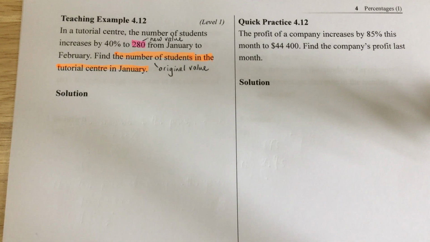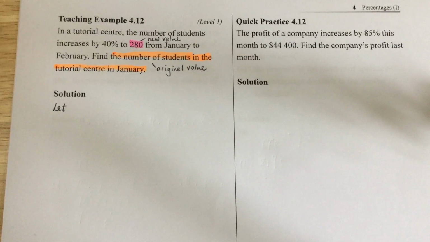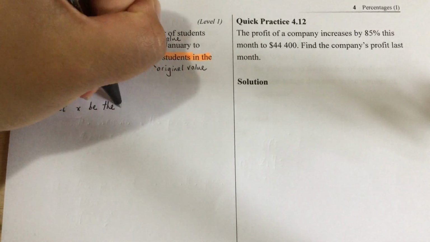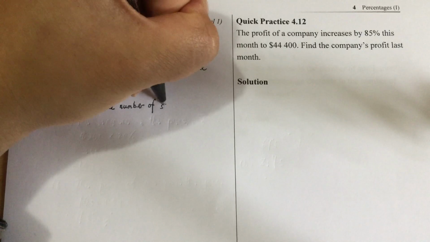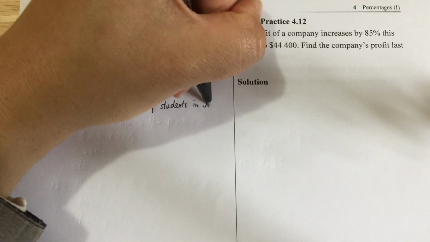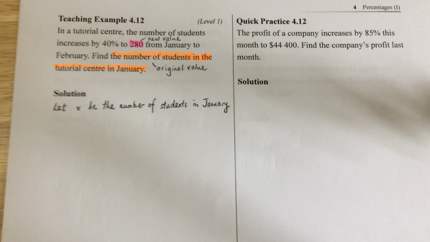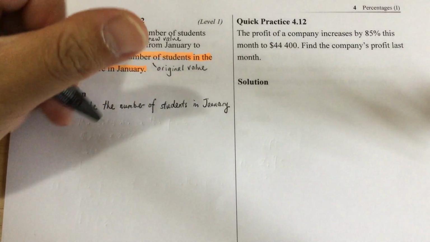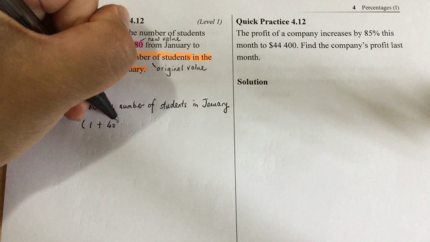Every time we calculate the original value, we must do something first, that is the letting. We will let X be the number of students in January. Because this is an increase, we will have 1 plus 40%.